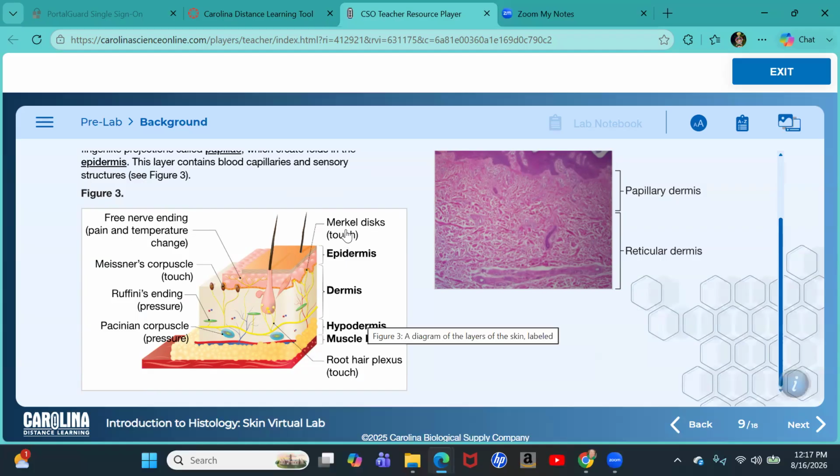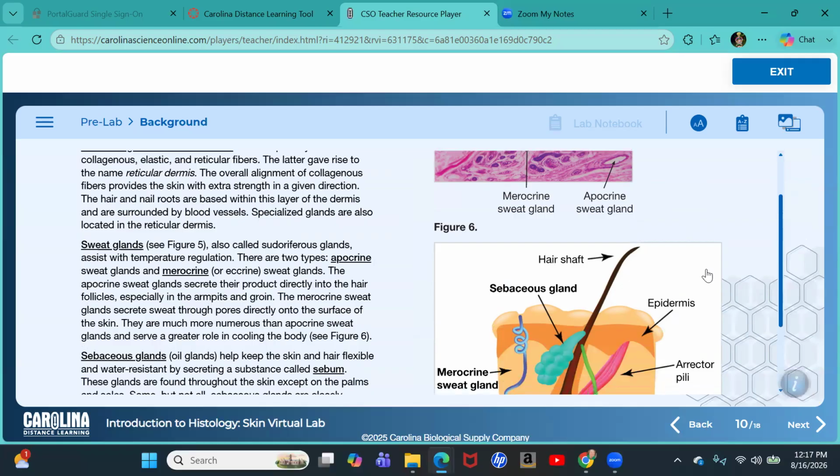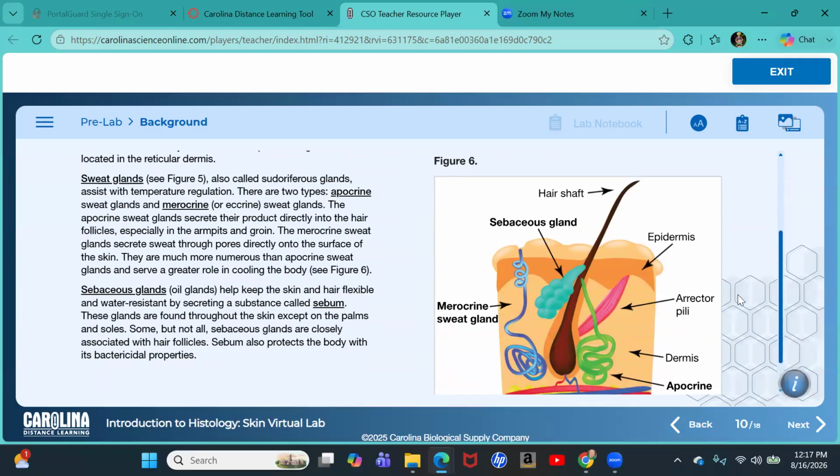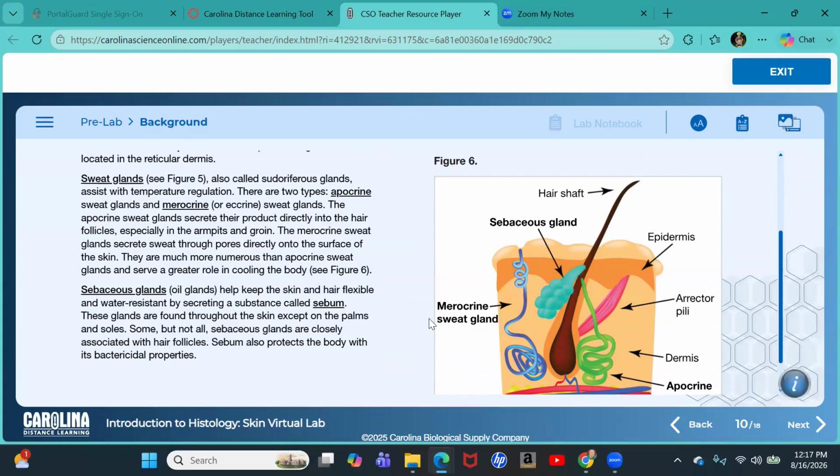These are your nerve endings that allow you to feel sensation and vibration and pressure and pain and temperature and all of that, and they are found throughout the papillary dermal layer of the epidermis and the dermis.